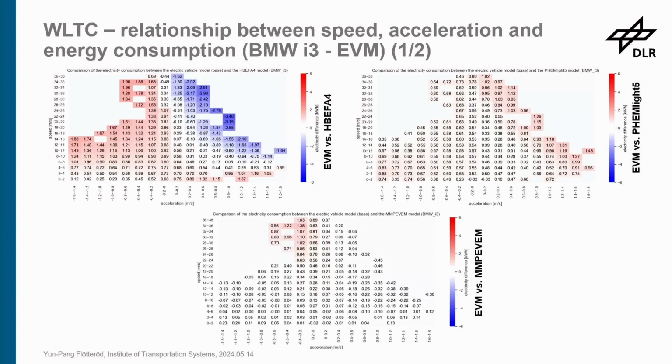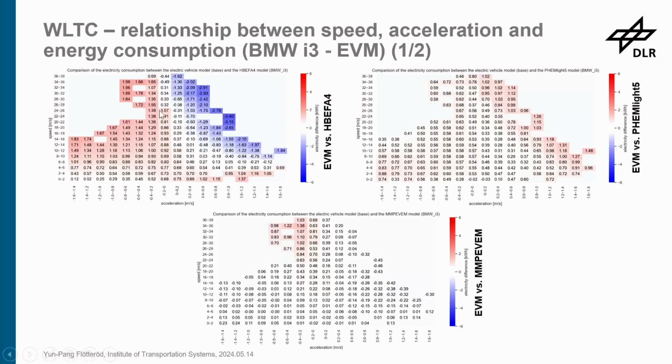Here is the difference between the model estimates. You can see that the higher difference occurs between the EVMs and the HBEFA 4 estimates. That is here on the left-hand side, and it shows that HBEFA 4 tends to estimate more energy consumption, that's the red part, and less energy consumption in comparison to EVM.